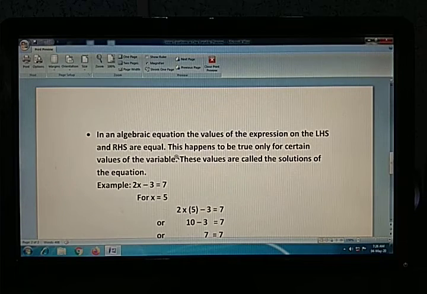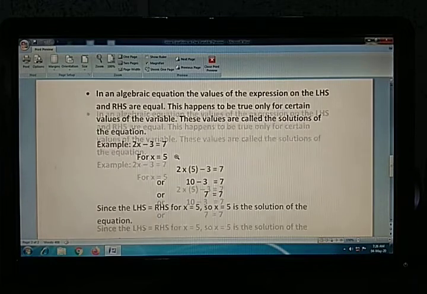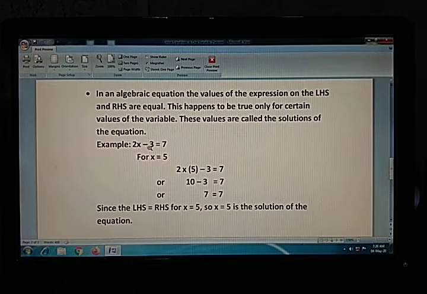The variable that has been used, we have to assign a value to it. Only then this condition will turn out to be true. Let us see one example. 2x minus 3 equals 7. Now we don't know what is the value of x. This side will be equal to 7 only when we assign a value to x. So if we assign x equals 5, this condition turns out to be true.